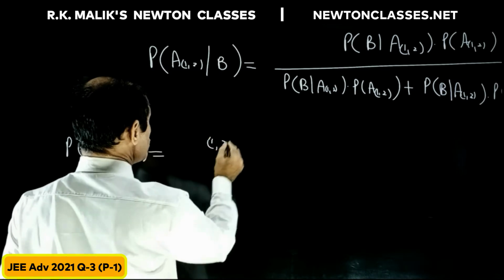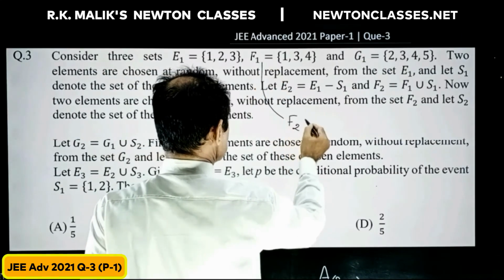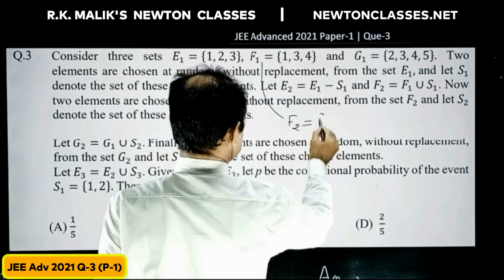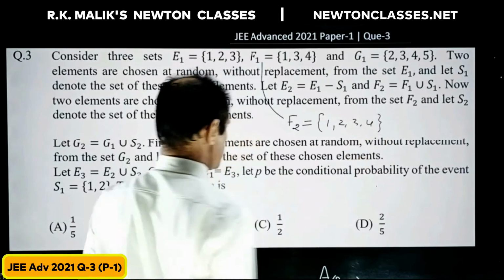Once 1, 2 are chosen, the set F2 will become {1, 2, 3, 4}.